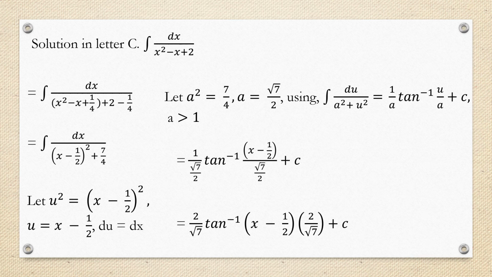Tan inverse of the quantity x minus 1/2, then the denominator part, which is square root of 7 over 2, we get the inverse, that is 2 over square root of 7. Multiplying that to the quantity inside, we have 2 over square root of 7 tan inverse of 2x minus 1. Instead of writing 1/2, we have 2 times x, which becomes 2x, and 2 times 1/2 is negative 1, over square root of 7, plus c.